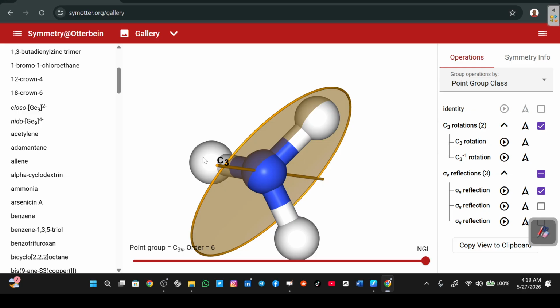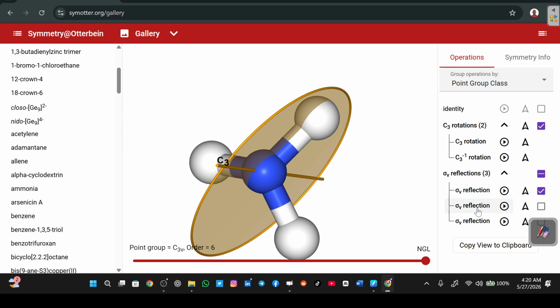So it will reflect this hydrogen and this hydrogen. If it reflects these and these, it will bring the molecule to an indistinguishable form. So we'll say we have established the sigma V prime. We can say sigma V prime, sigma V double prime, sigma V triple prime, as we continue.